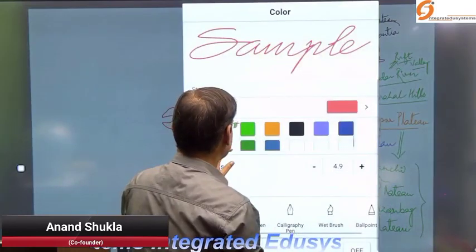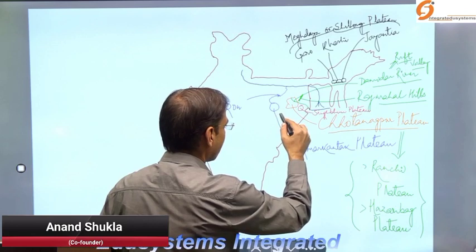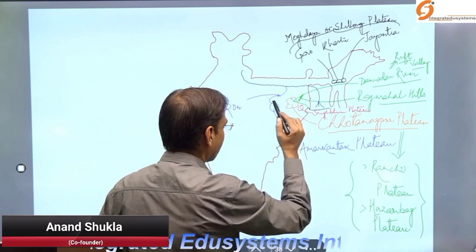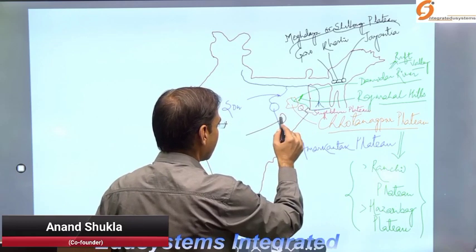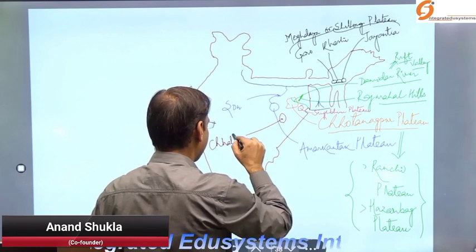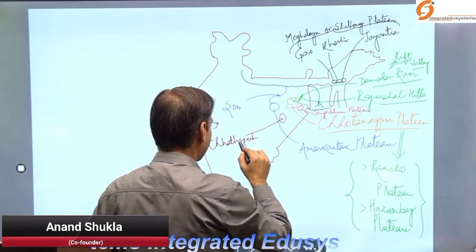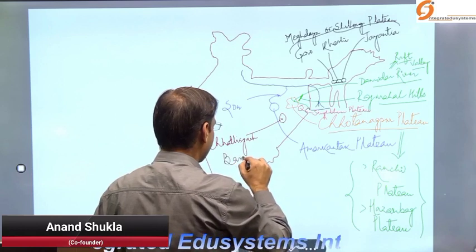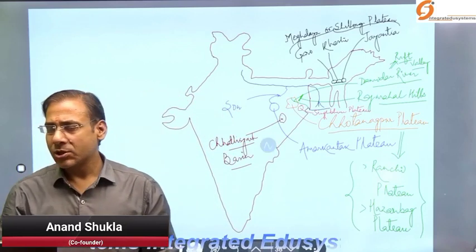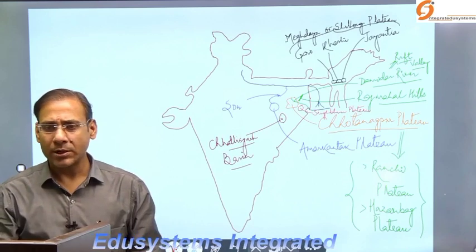And when you look at here, this is the Chhattisgarh region. So in this region you find the Chhattisgarh basin. This basin is formed by the rivers of Chhattisgarh: Ib river, Hasdo river, Mand river.